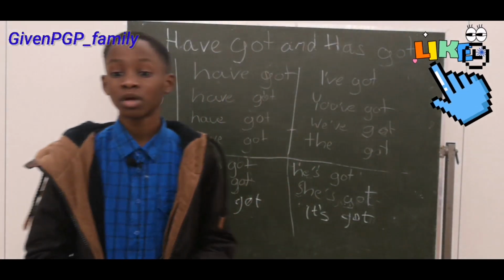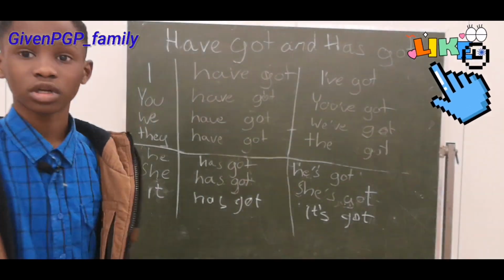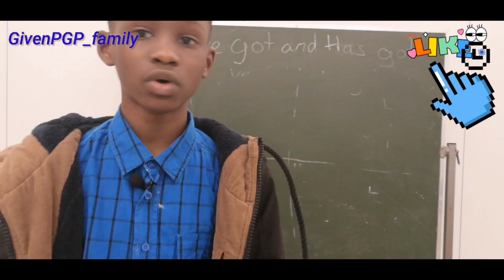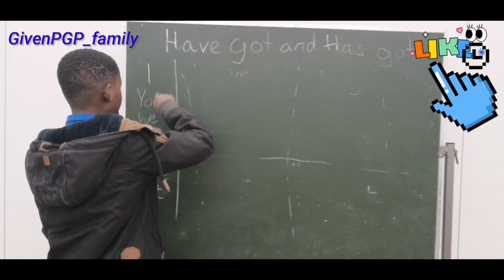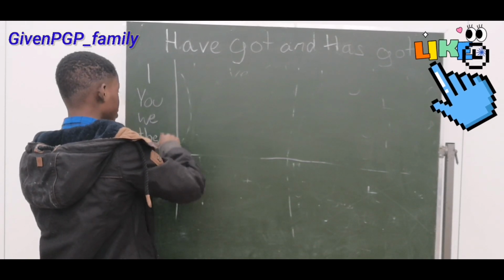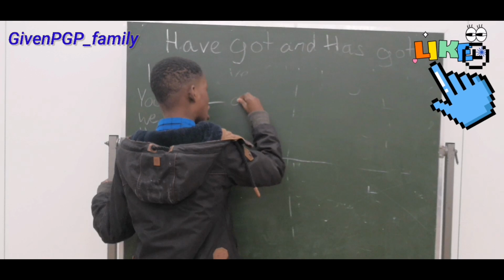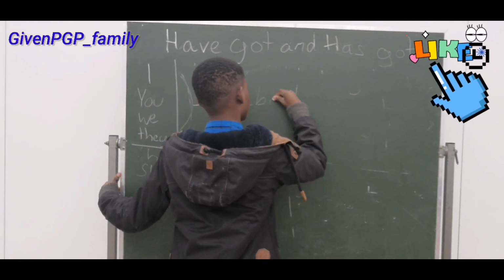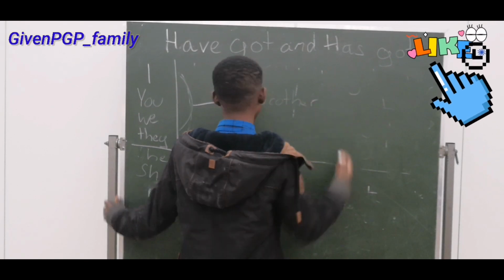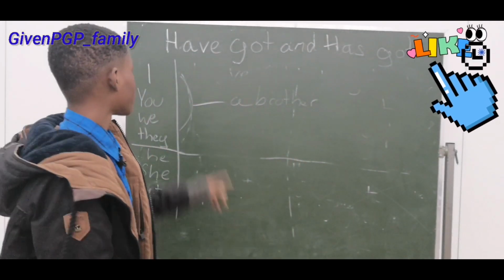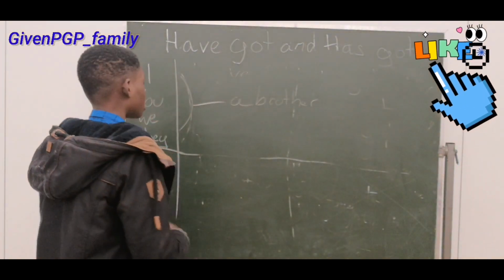So let's make some examples with I, you, we, they. Brother.